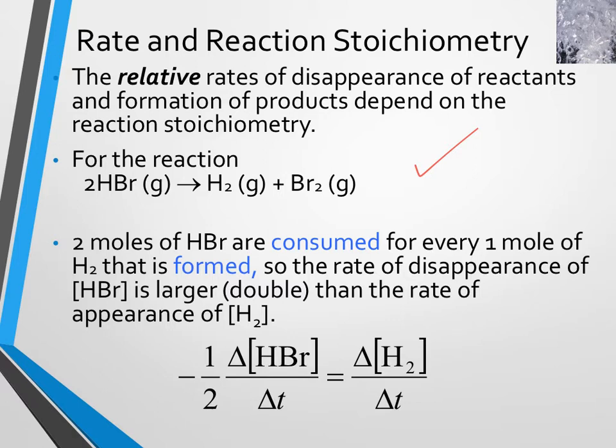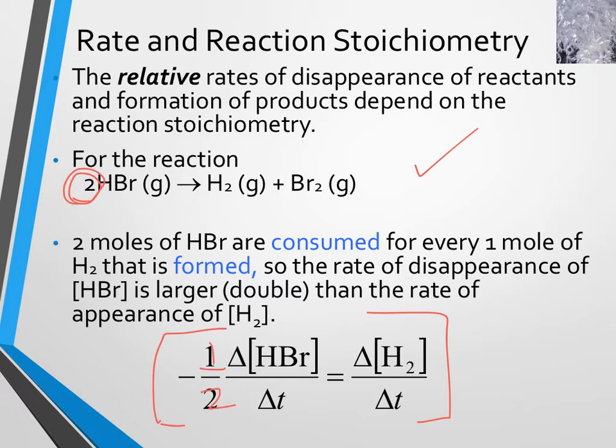But in general, for a balanced chemical reaction, you can determine or set the rates of reactants and products relative to each other as an equivalency by taking whatever the coefficient is and putting 1 over that coefficient. Okay?